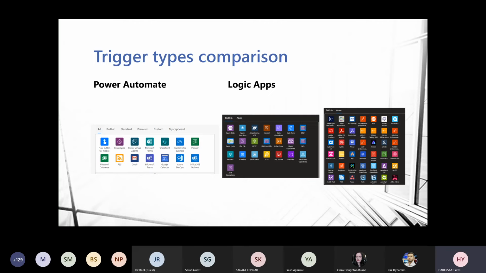In Logic App, as I mentioned before, it's an integration service. When you are building a solution for complex integration purposes, you need, for example, Azure Blob Storage, Azure Functions, Cosmos DB. You may need to make some HTTP requests.